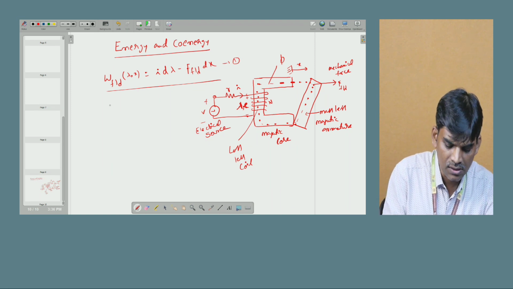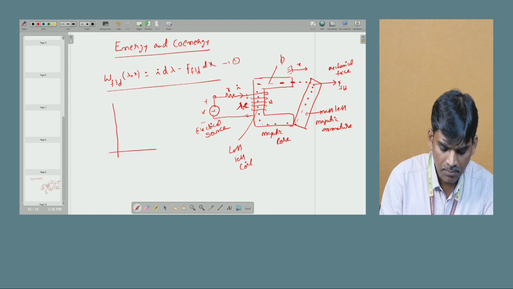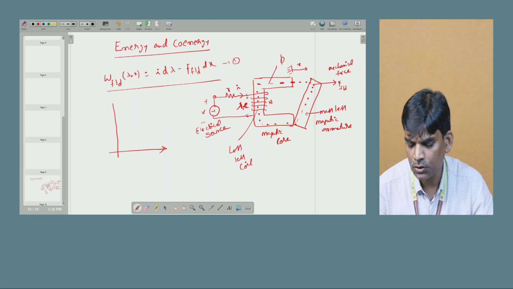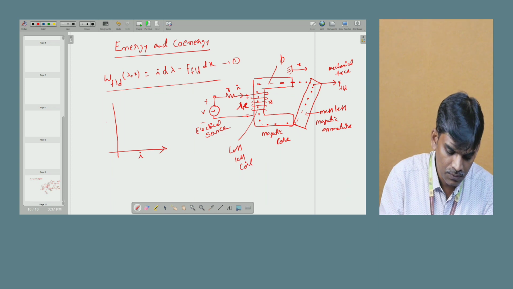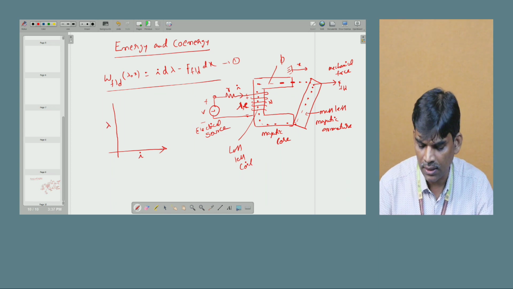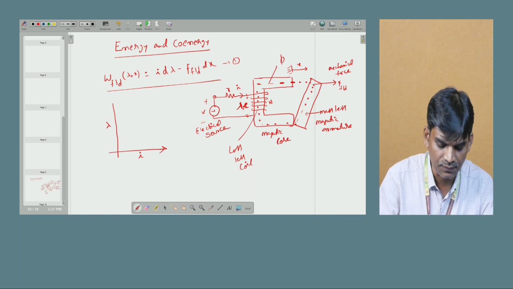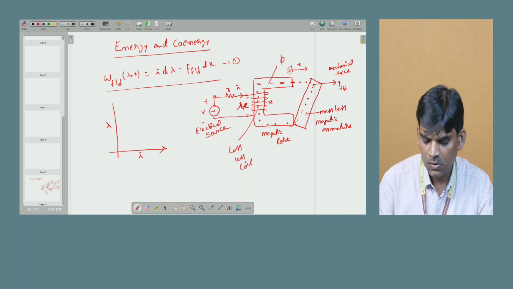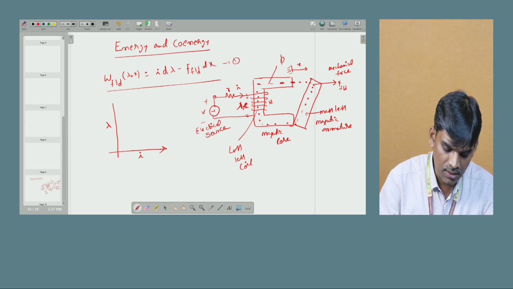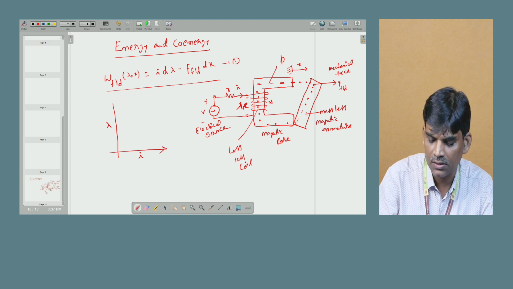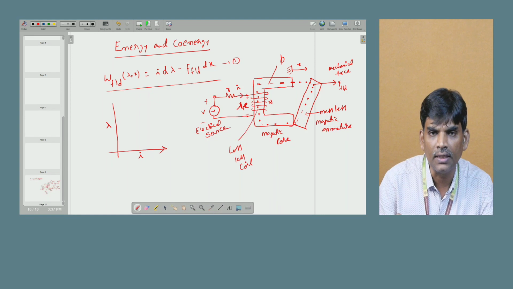But how does it change initially, for example with respect to i? Suppose the rate of change of current causes a rate of change of lambda, because lambda is a function of i. Initially i equals 0 and lambda equals 0, so there is no flux linkage, V equals 0 and i is 0. But as i increases, lambda also increases.